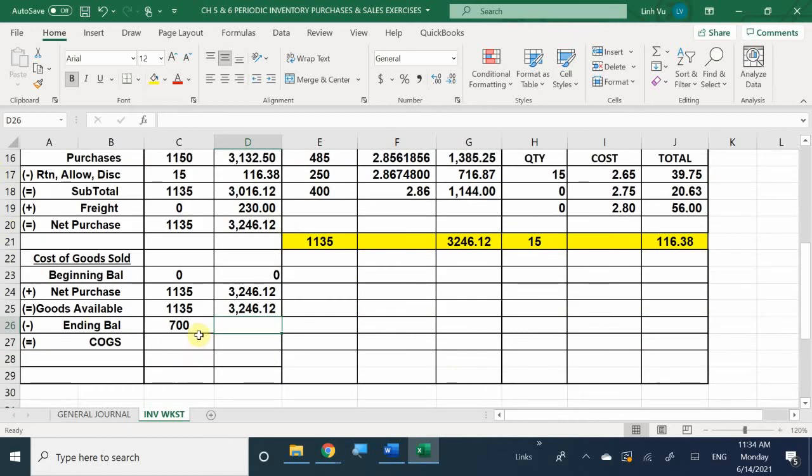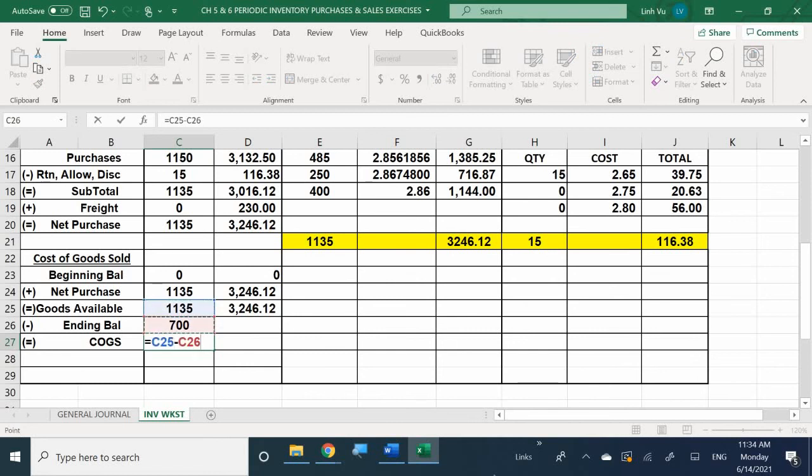Okay. So if we had a grand total of 700 units left on hand, how many items did I actually sell? 435.